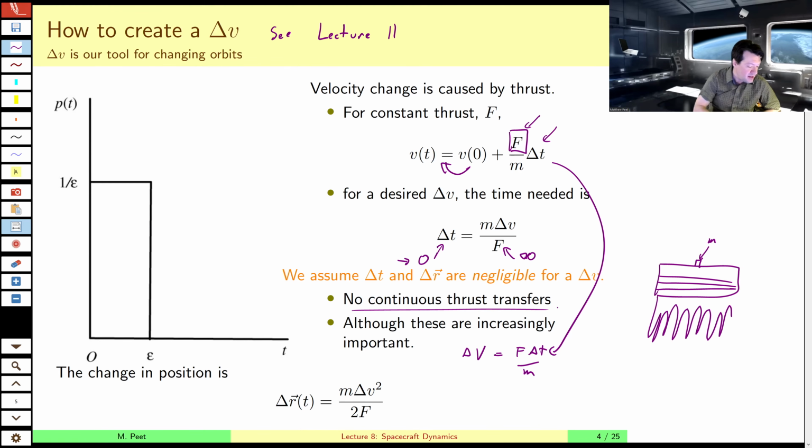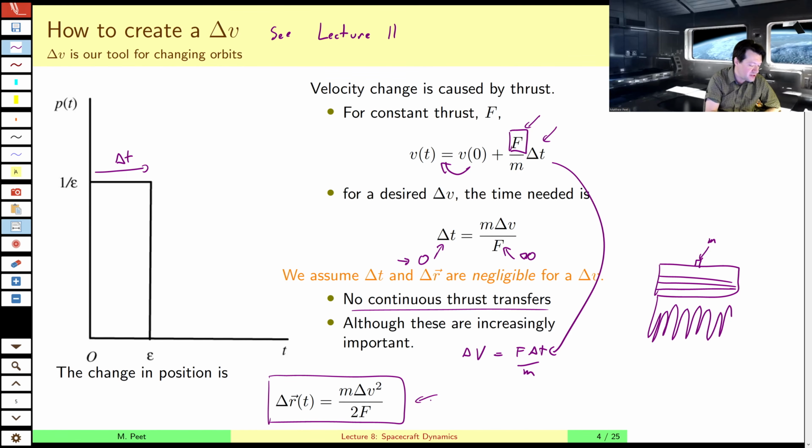Okay. Of course, if you think about it, if you actually do a delta V in reality, this time is not infinitely short, and so you can actually calculate how much position you change, or actually this is position with respect to your initial orbit. So how much change in position is associated with this thrust.